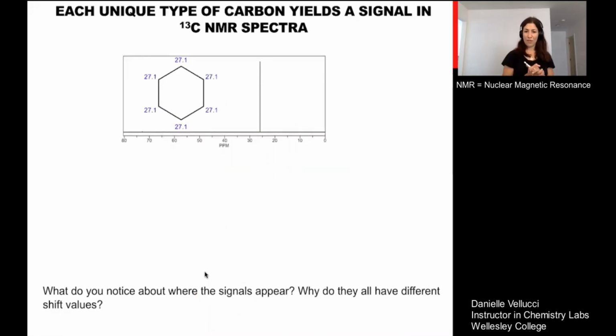So let me show you what these carbon spectra tend to look like, okay? Like our IR spectrum, they have an axis of frequency that runs along the x-axis. There really is no y-axis measurement in a C13 spectrum.